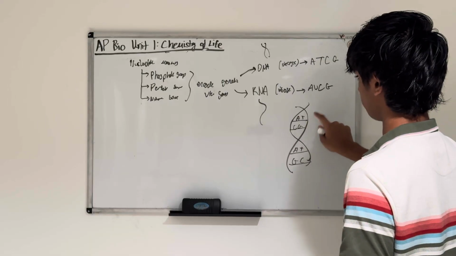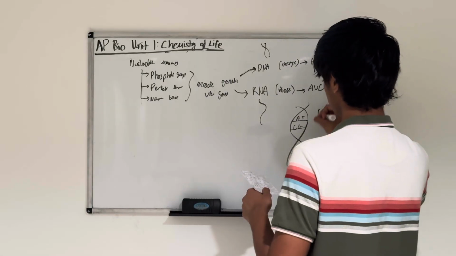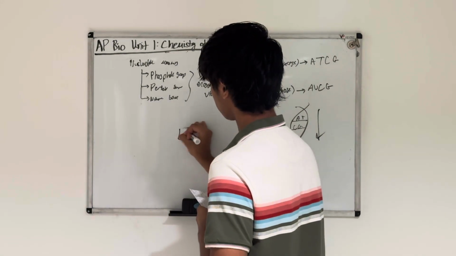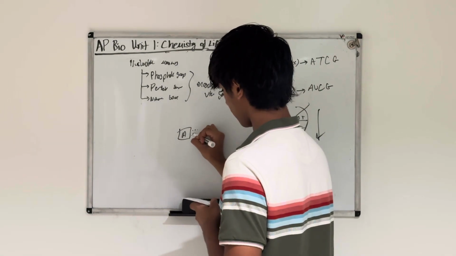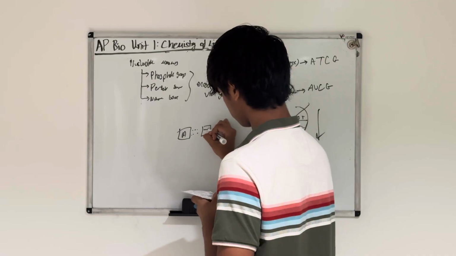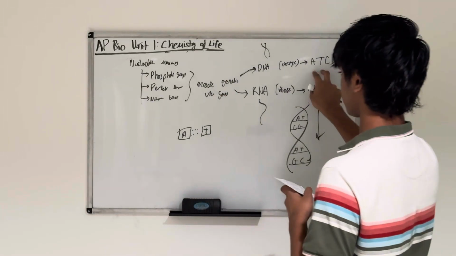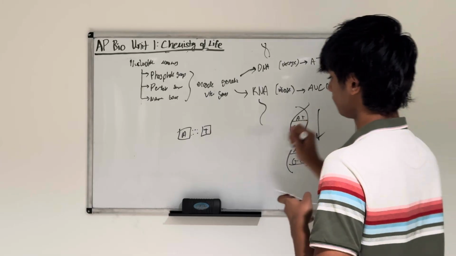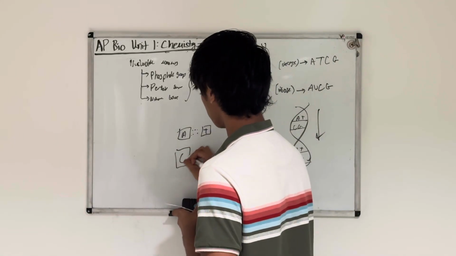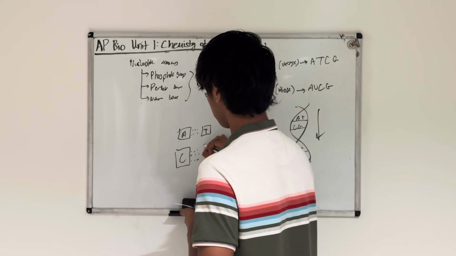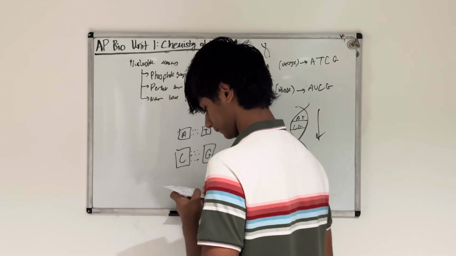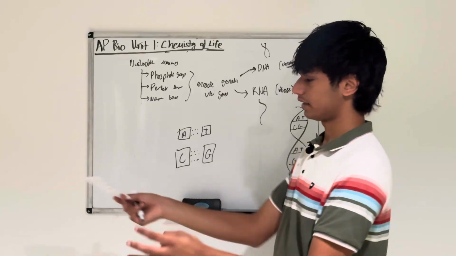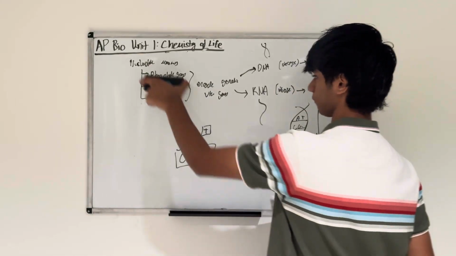AT forms 2 hydrogen bonds together, and CG forms 3 hydrogen bonds together. It can't be AC, it's AT and CG, or AU and CG in RNA. And that's really all you need to know for nucleic acids. We'll be going into much more depth in future units, but it's all you need to know for this chapter.